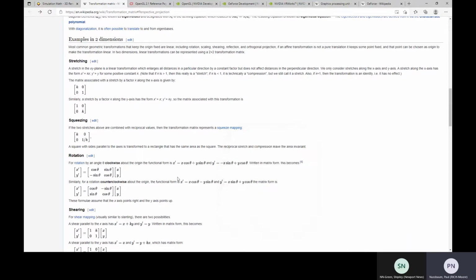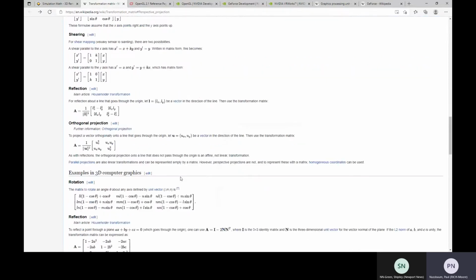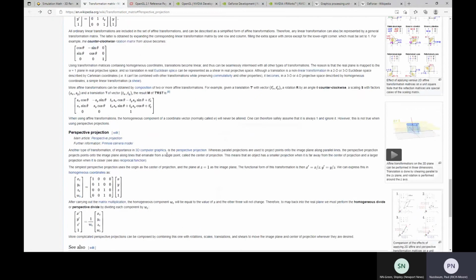So for example, a transformation matrix for a rotation, if I want to rotate an object by a certain angle in a counterclockwise direction.